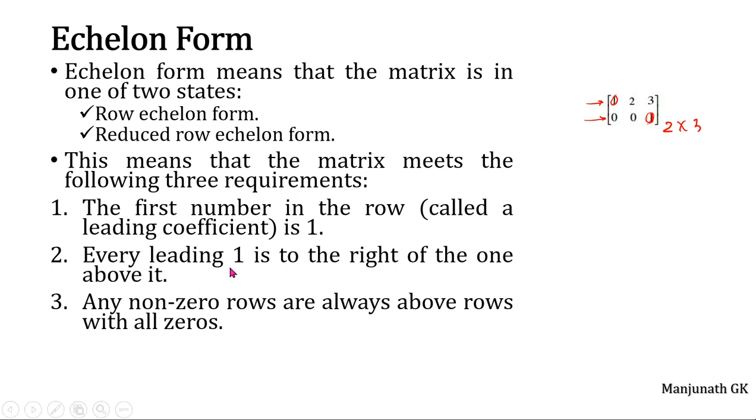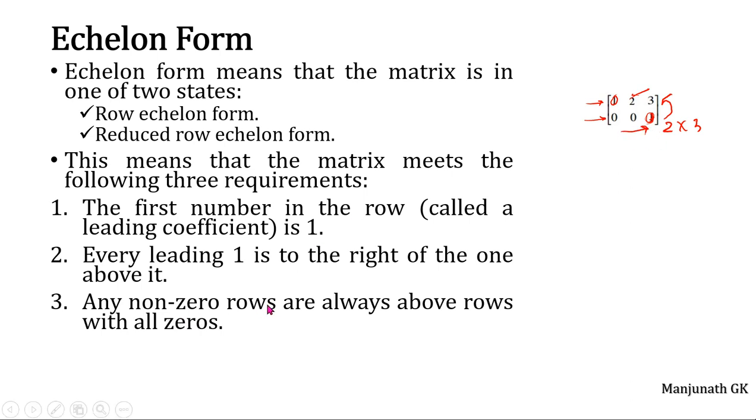Second condition: every leading one is to the right of the one above it. For the first row, this principle is not applied. For the second row, the leading coefficient should always be to the right of the leading coefficient above it. You can observe here that the leading coefficient of the second row is to the right of the leading coefficient of the first row.